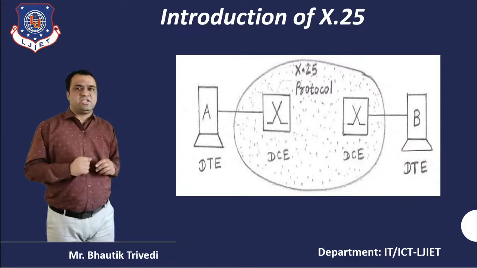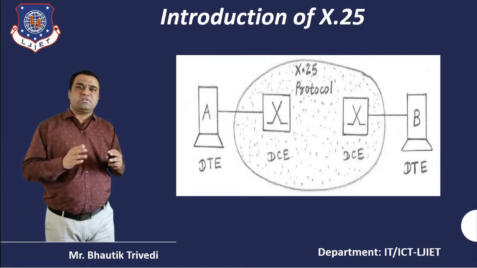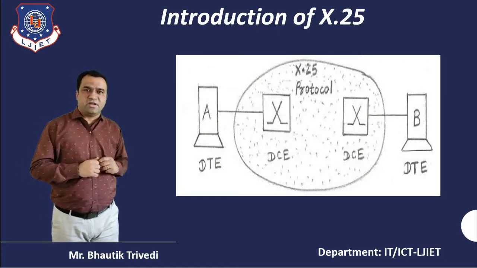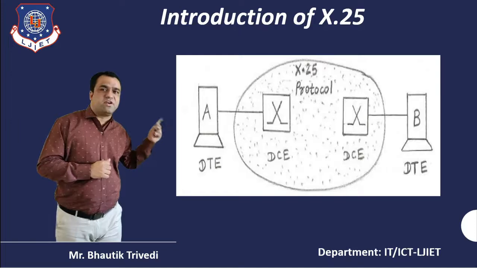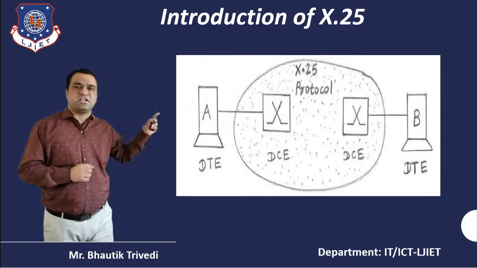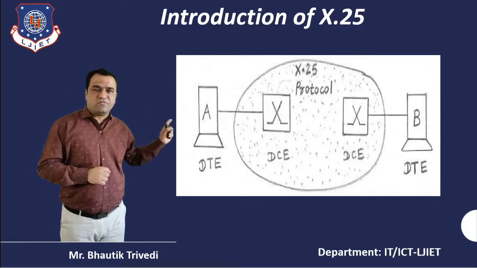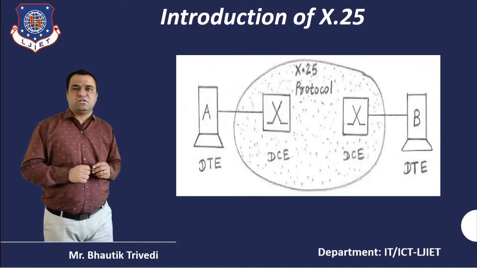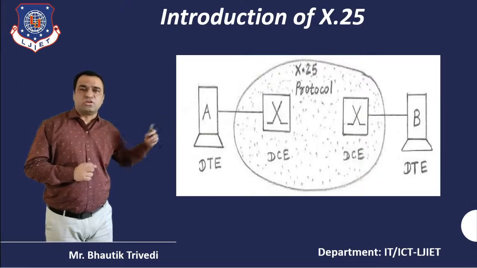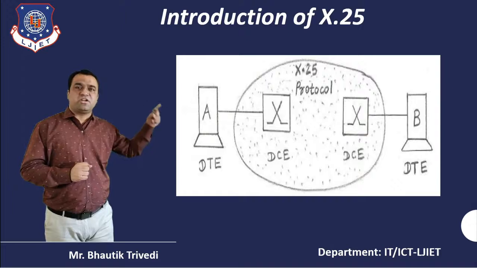Here I put DTE to DTE, meaning data terminal equipment, and in between I put the different DCE, meaning data circuit terminating equipment. If you want to provide communication or connection between the two terminals, you can do that using this particular diagram.